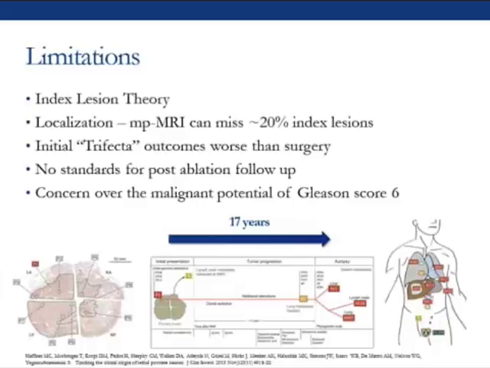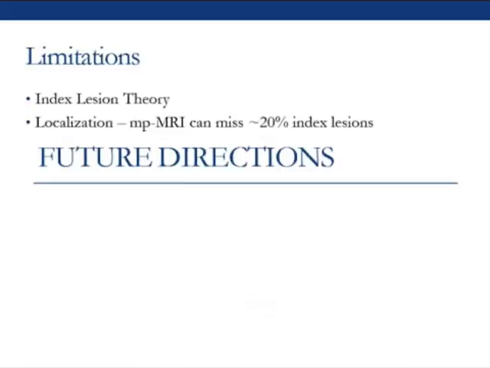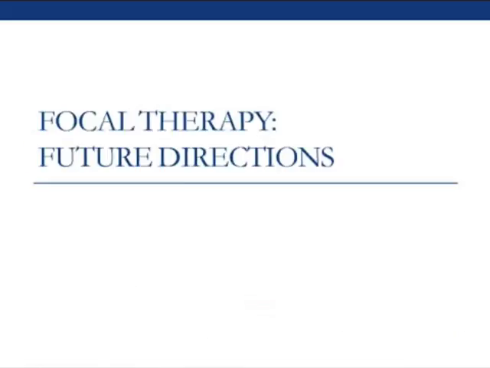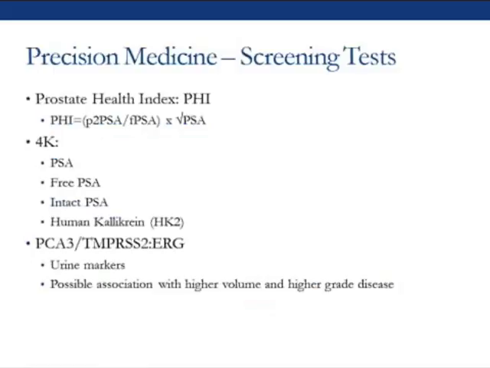They looked at the metastatic lesions from a genomic perspective and identified that the metastatic lesion was actually from a focus of Gleason 6 in the original specimen. So this is just some concern that maybe Gleason Score 6 might not necessarily be as indolent as we think it is.